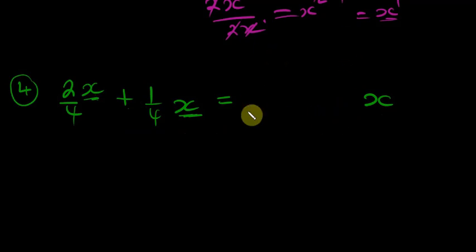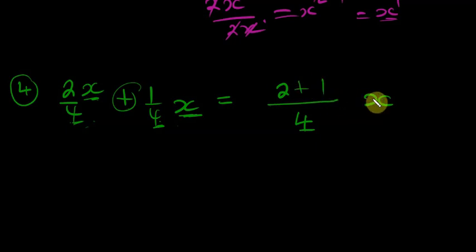We say, oh, these are fractions, so we need to find the lowest common multiple of 4 and 4, which is exactly 4. So write 4, and since the denominator is the same for the two terms, we just write down the numerators as they are, 2, and bring down the sign as it is, plus 1.